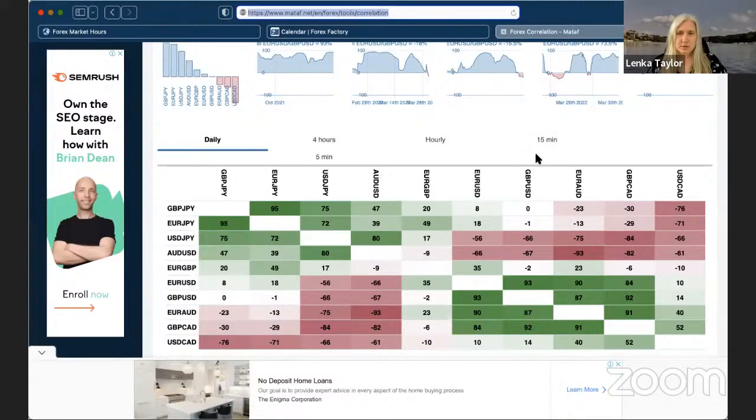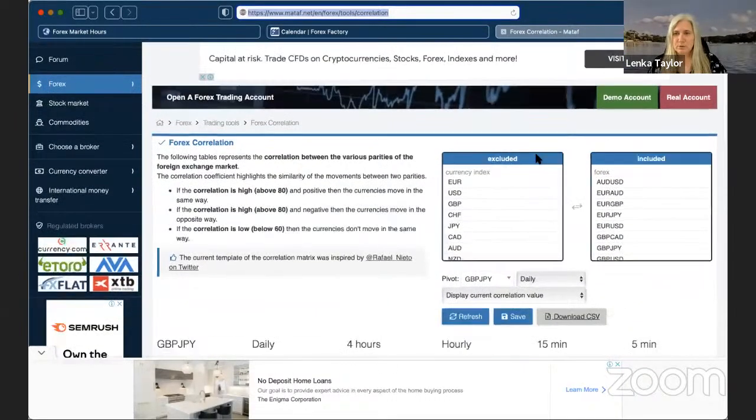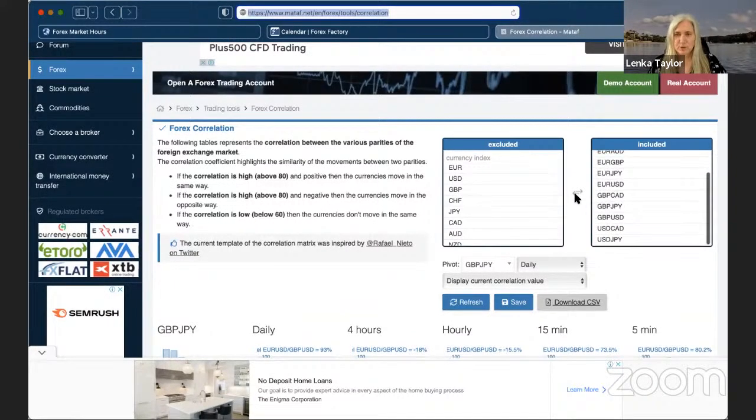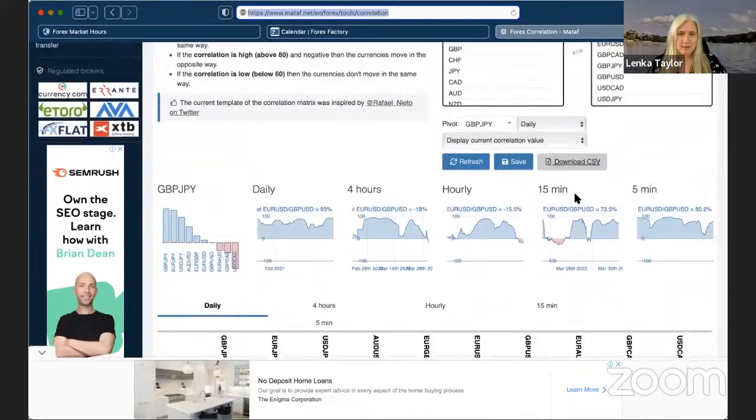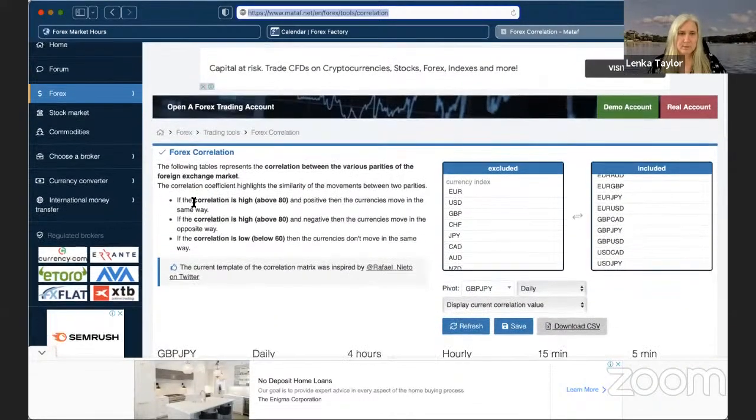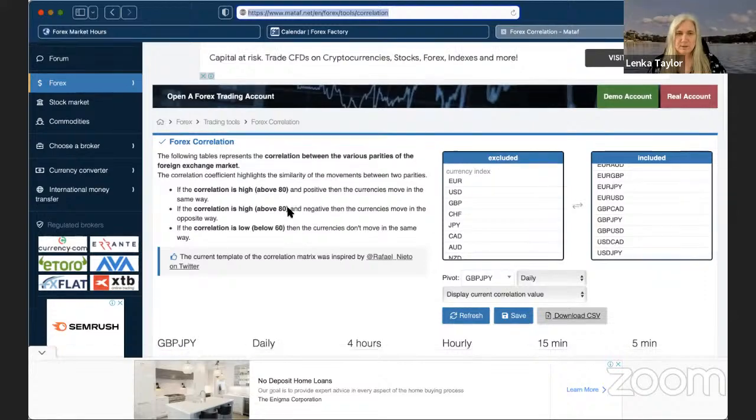Okay, so this is a correlation matrix. What you do is put in the actual currency pairs that you trade, and here there is a little summary. If the correlation is high, above 80, it's positive, then the currencies move in the same way.